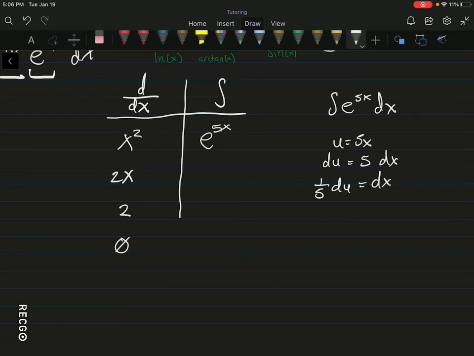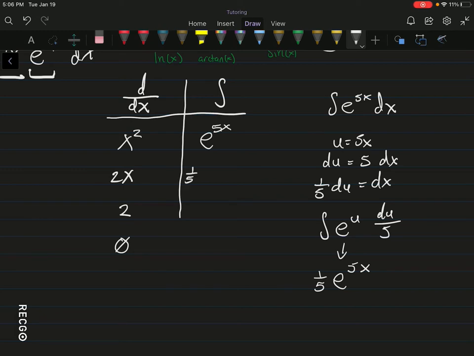And we plug everything back in, so we get the integral of e to the u du over 5. And the integration of e to the u is just e to the u. So we'd get this like that, right? So this is what we're going to put here.